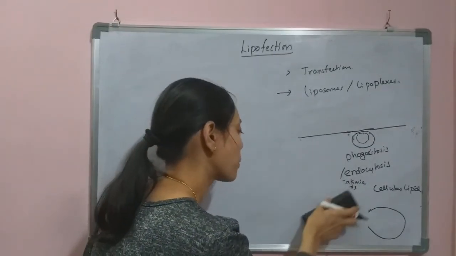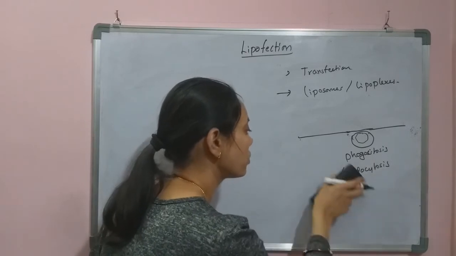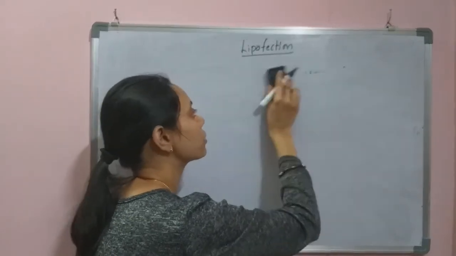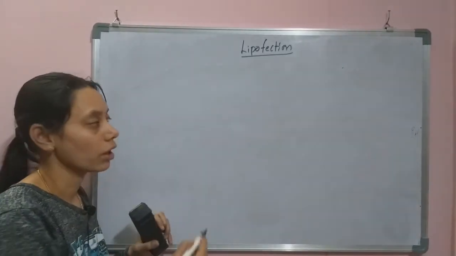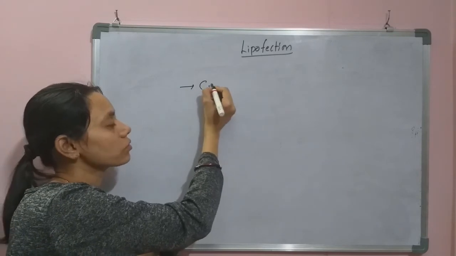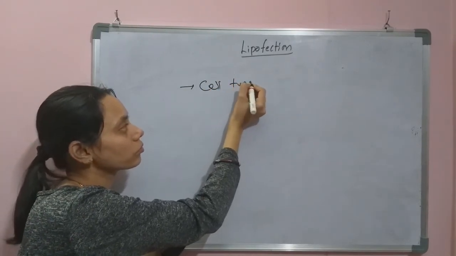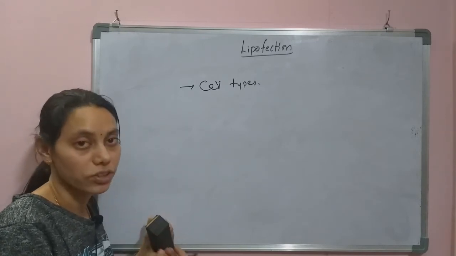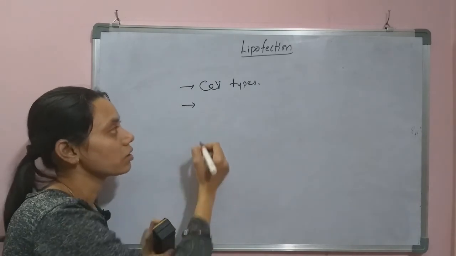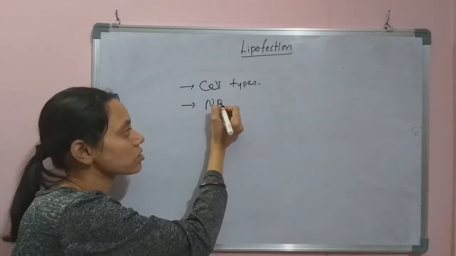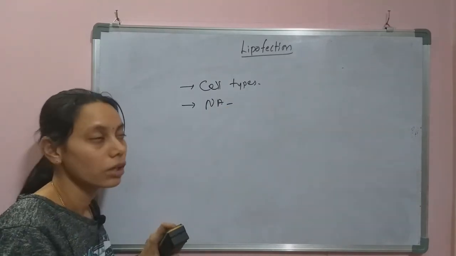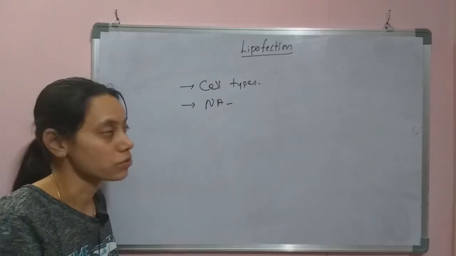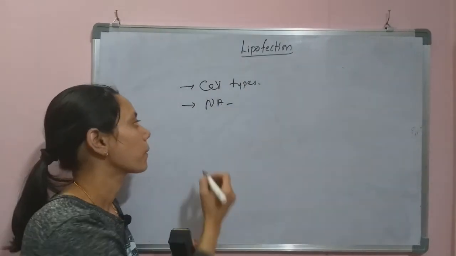So coming to the different advantages of the method, it is widely applied to many cell types. Many species are ready for this liposuction method, and many kinds of nucleic acids, whether DNA, RNA, or many kinds of molecules, can be introduced into living systems using this method.